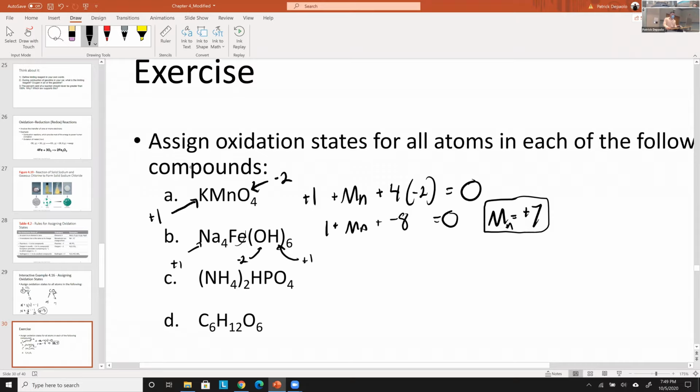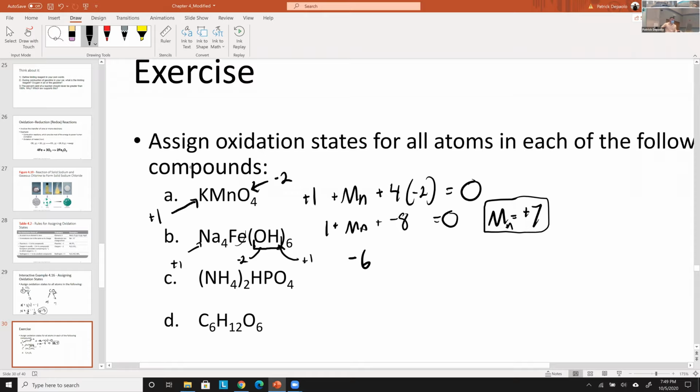So if you remember, hydroxide is a -1 charge. And it turns out hydroxide's oxidation state is also -1 because it's composed of 1 oxygen and 1 hydrogen. When you add those up, -2 and +1, you get -1. So you have -1 in this hydroxide packet times 6 of them.